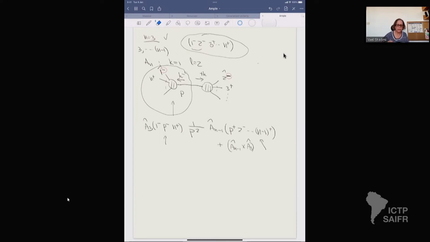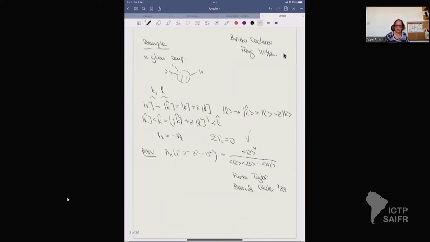One thing to notice, which I forgot here, is that here, of course, I have minus p and not p. So this is something you have to take into account. And at the end of the day, when you plug in all these expressions, you can verify that indeed you get this MHV expression for the endpoint amplitude.